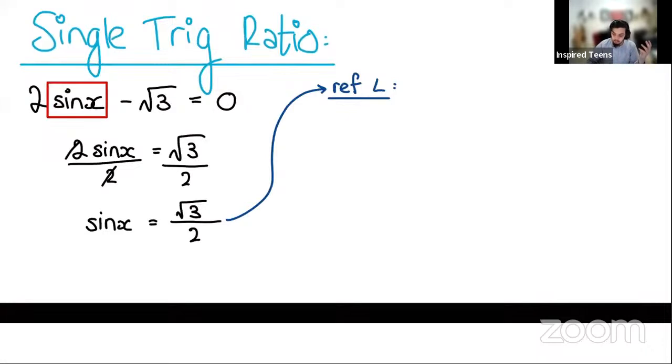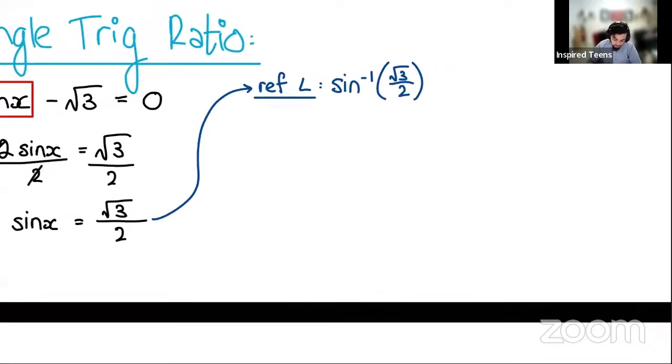So the reference angle is found how? It's found by taking the inverse of sine. So sine to the -1 of whatever sine is equal to, which in this case is root 3 over 2. So I take the sine inverse of root 3 over 2.